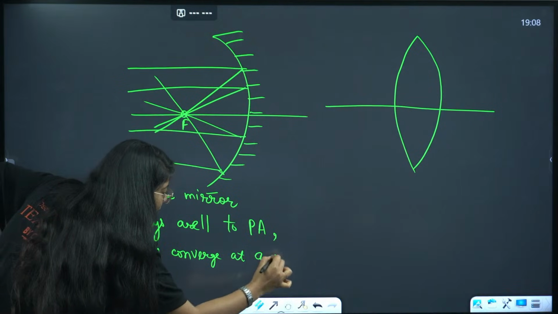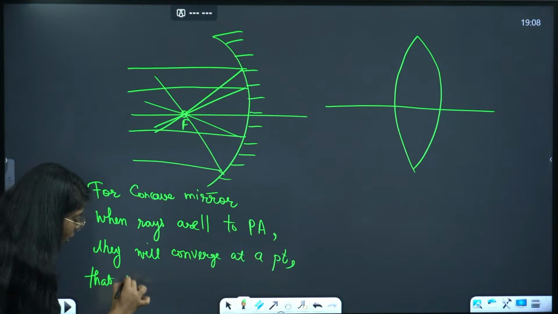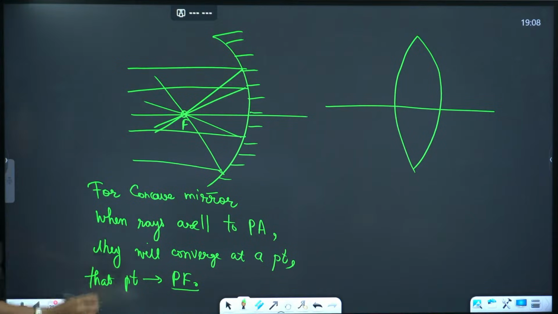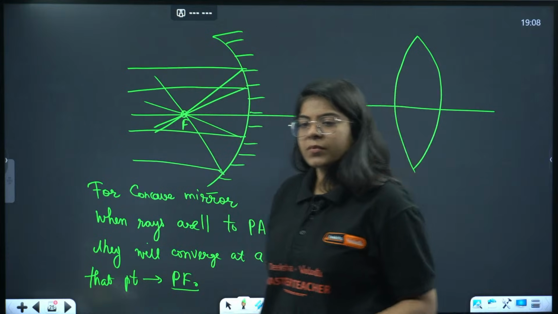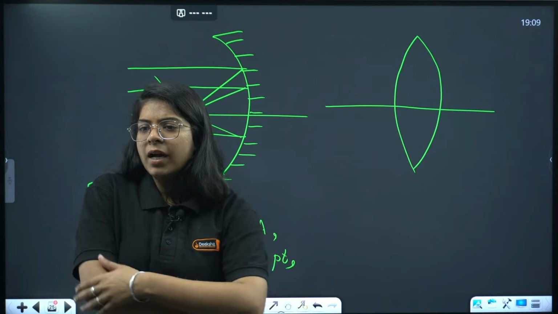Now that point will be your principal focus. Done. Same for convex lens. ठीक है? Done.